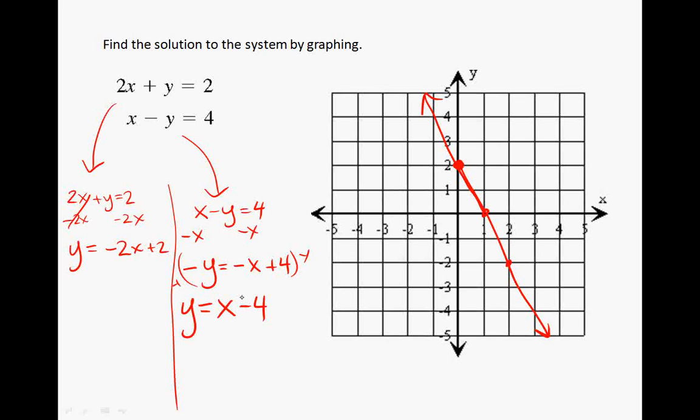Okay, my y-intercept is negative 4. My slope is 1 over 1, so I'll move up 1 over 1. There you go. Can you see the intersection? Absolutely. My solution to this system is positive 2 for x, negative 2 for y. Great.